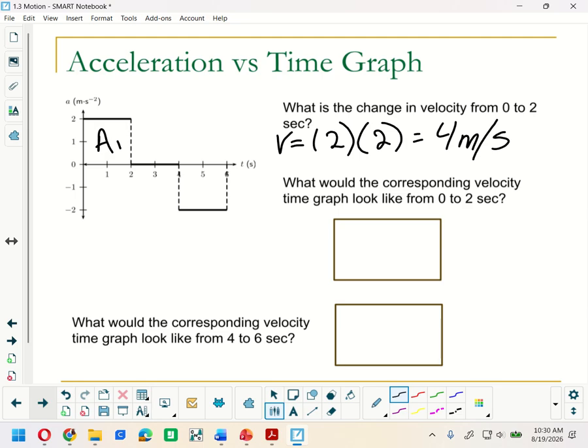What would the corresponding velocity graph look like from 0 to 2? So if it's a velocity graph, this is going to be my position, and this would be time. Let's say that's 1 right there. This is, in this case, 4. And this one right here is 0.